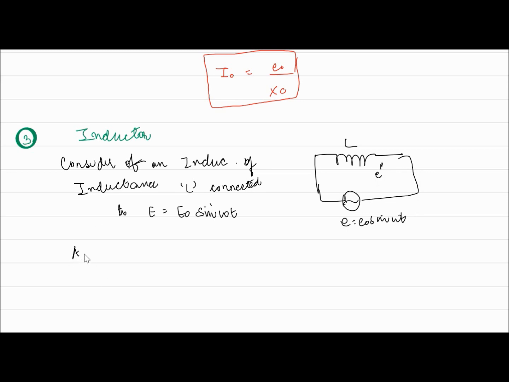So we know, according to Kirchhoff's voltage law, we have E plus E dash equal to 0. So we can write E minus L di by dt equals 0, which implies E equals L di by dt.